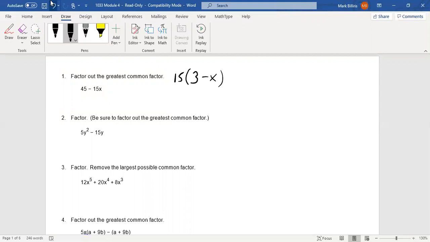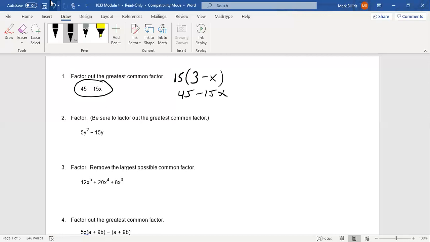So in its factored form, our answer would be 15 times the quantity 3 minus x. You can always check your answer by multiplying, or in this case, distributing. So 15 times 3 is 45, and 15 times negative 1x is negative 15x. And that matches our original problem. So you can always check your answer.